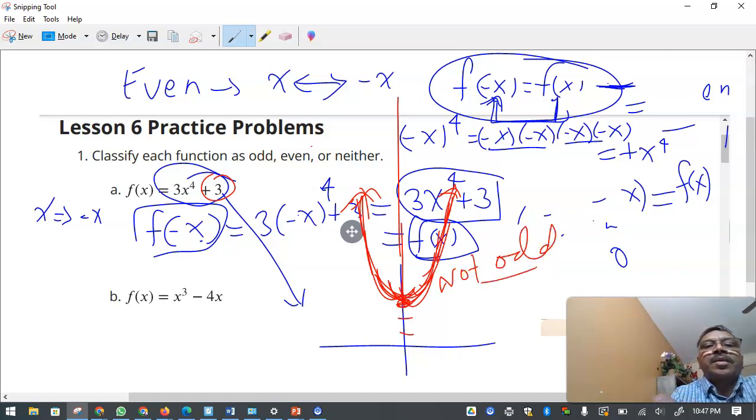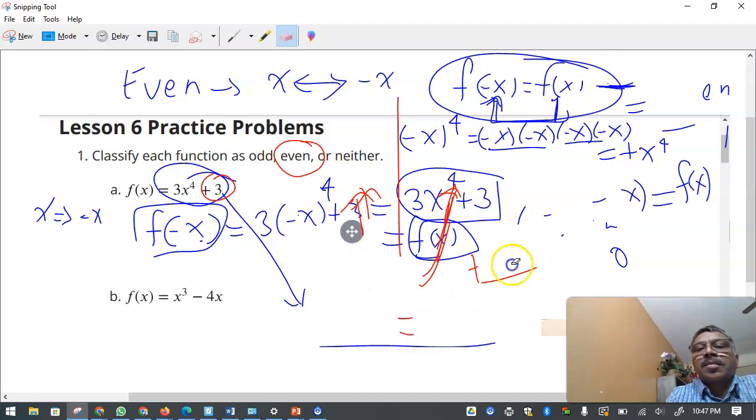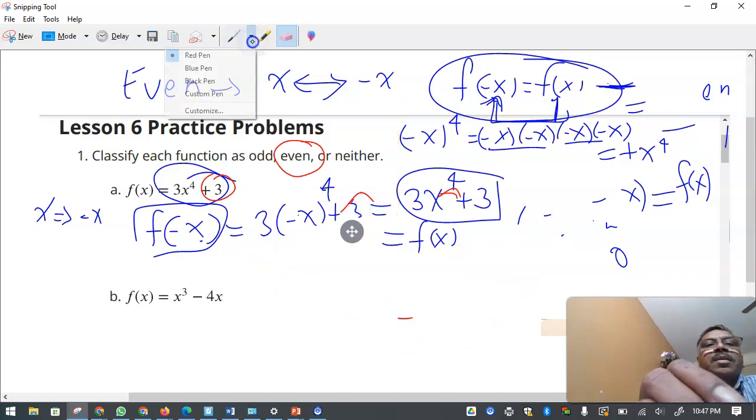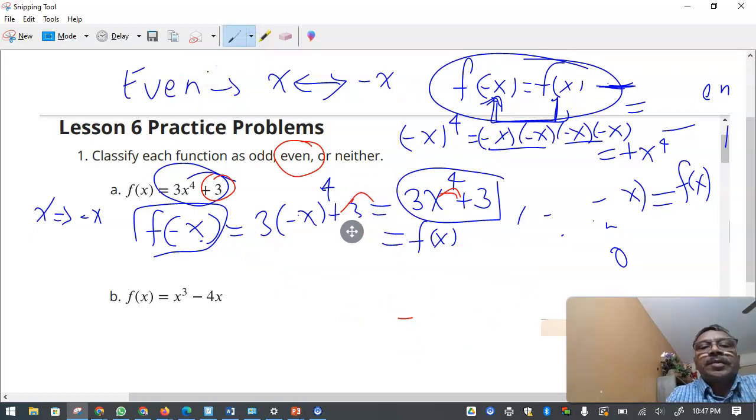So even function. And why is it not odd? Let's take minus of this.